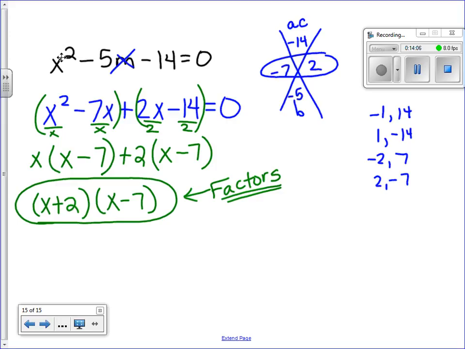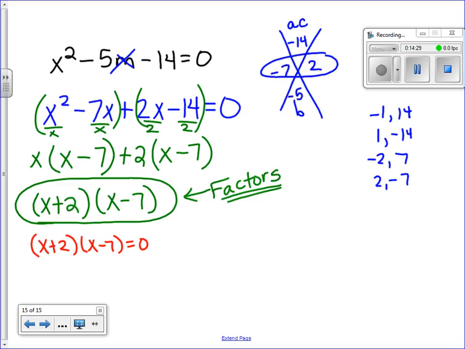Alright, now the zero product property, because see, these equal 0, right? And how does something get multiplied to equal 0? One of them has to be what? Yeah, one of them has to be 0. You can't just multiply something and get 0. So the zero product property says that this equals 0.